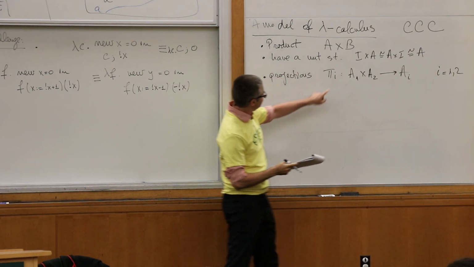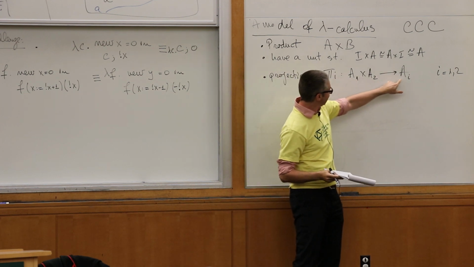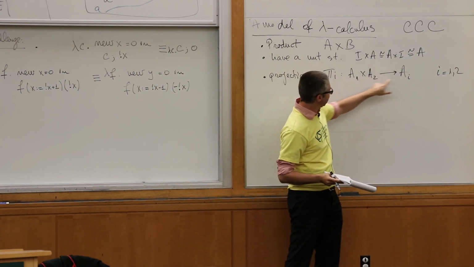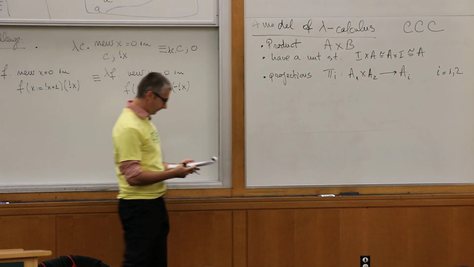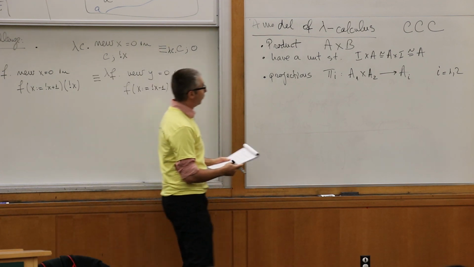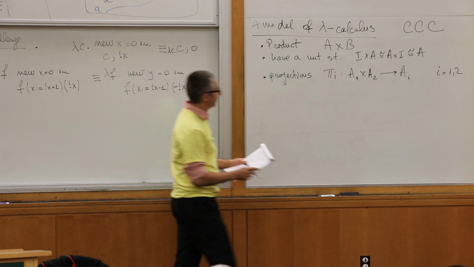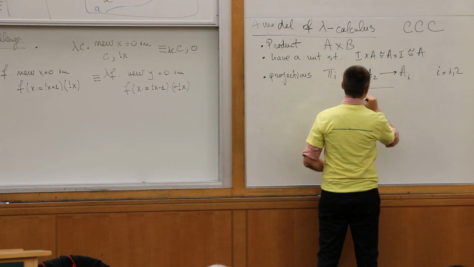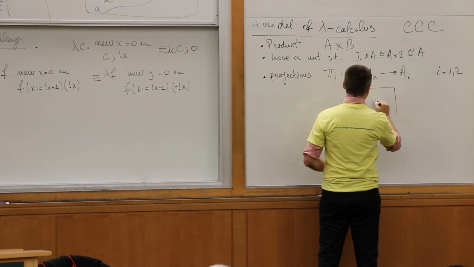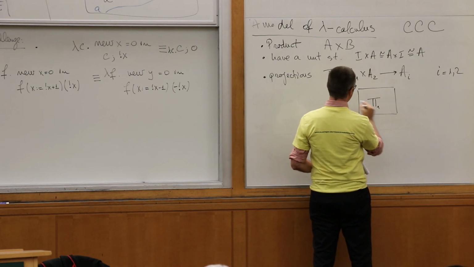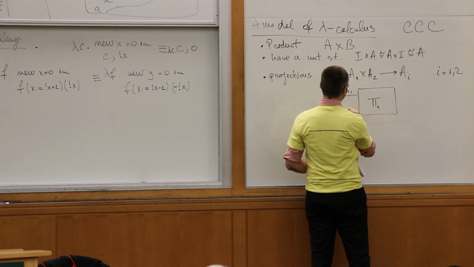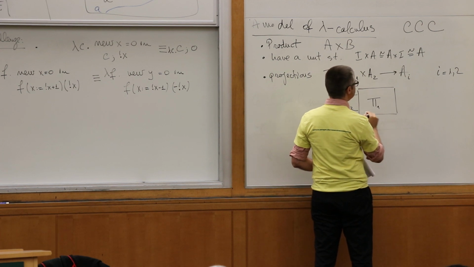So that's what I want you to say. Projection i. It's either A1 times A2 to A1. Projection 2 is A1 times A2 to A2. Right? We have projections. What do you think the projection is? If you think of it like this. This is the projection. Let's say projection 1. This is A1. This is A2.